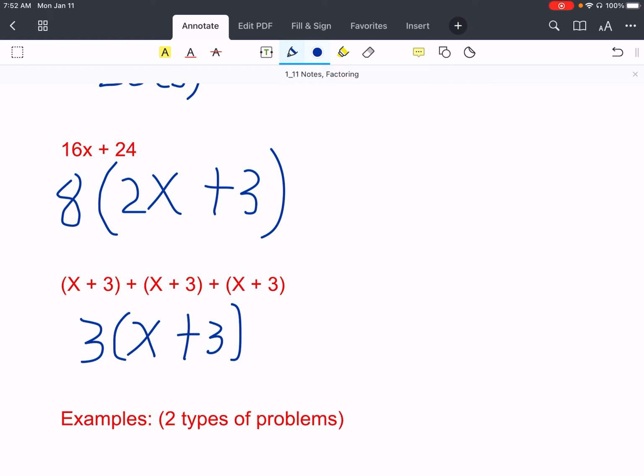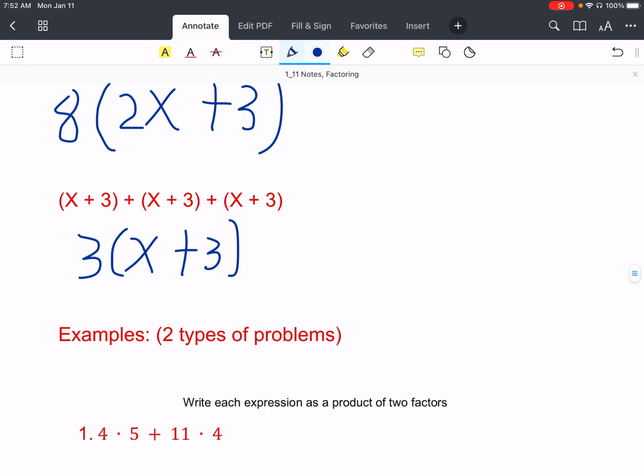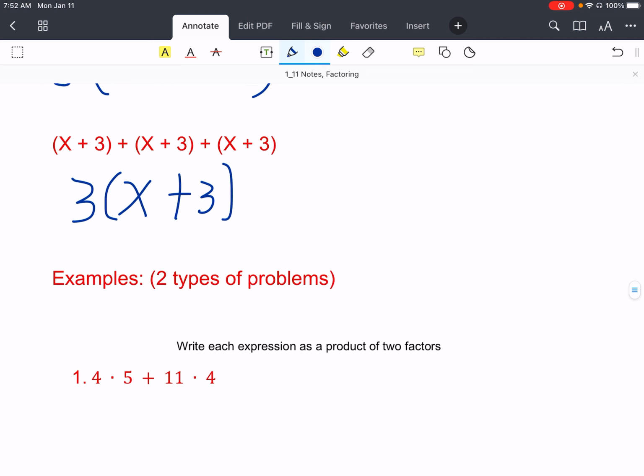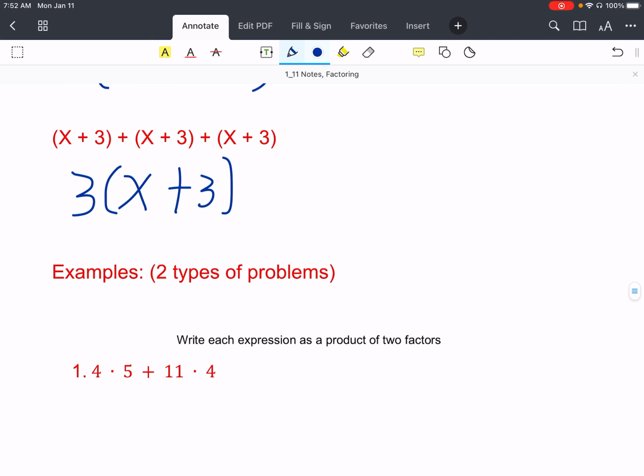So there are 2 types of problems on your homework assignment. We're going to walk through some examples. The first type says write each expression as a product of 2 factors. So we have 4 times 5 plus 11 times 4.